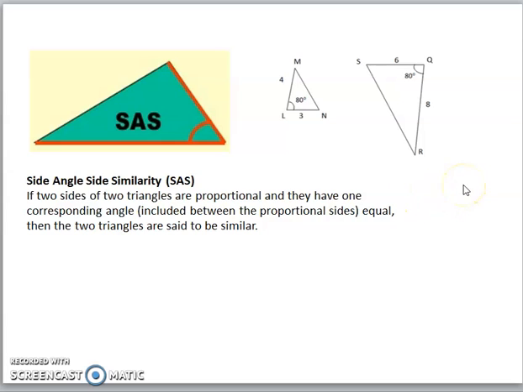So 8 by 4 is 2, 6 by 3 is also 2. Sides are proportional and the included angle is given equal to 80 degrees. So in such cases you can go for SAS criteria. That means two sides are proportional and the included angle is equal. So then the triangles will be similar by SAS. These were the three criteria.